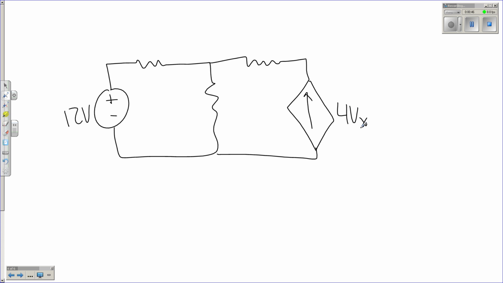So it's a voltage controlled dependent current source. And Vx is just going to be the voltage across, oops, not 2, but X, the 2 ohm resistor. We'll add one more resistor up here.